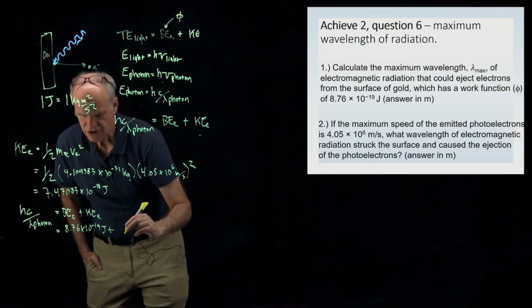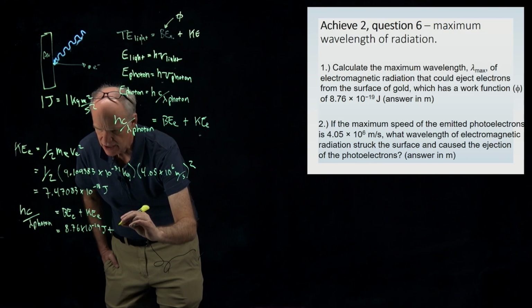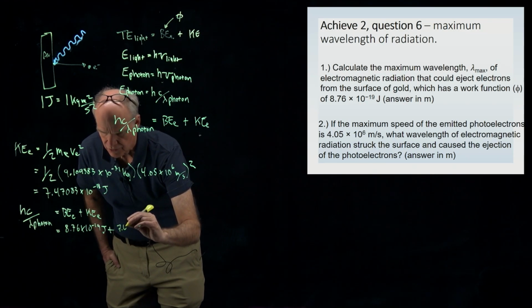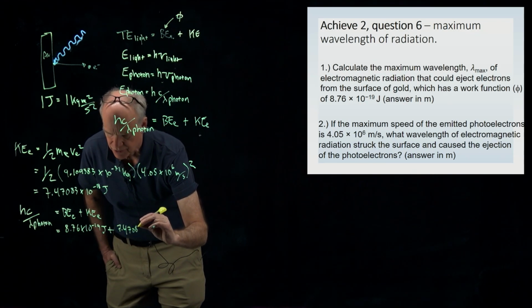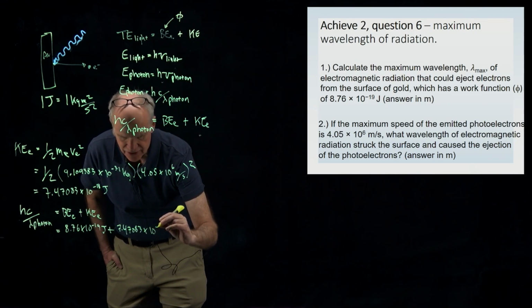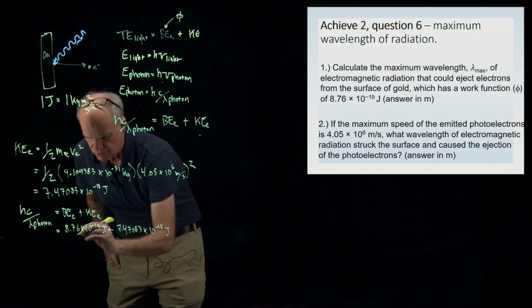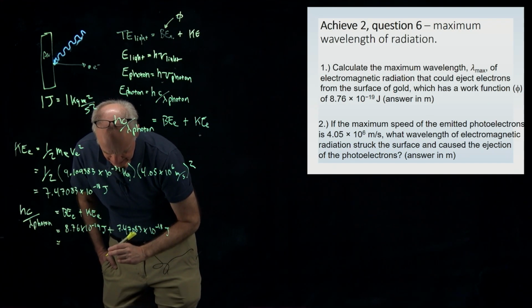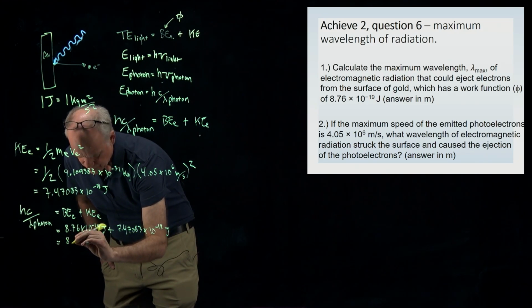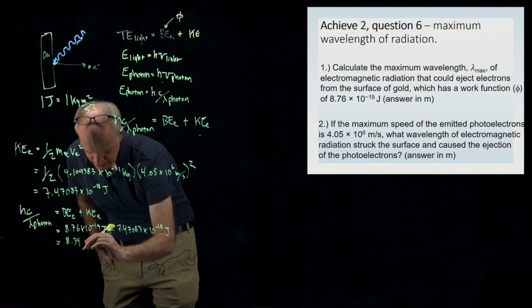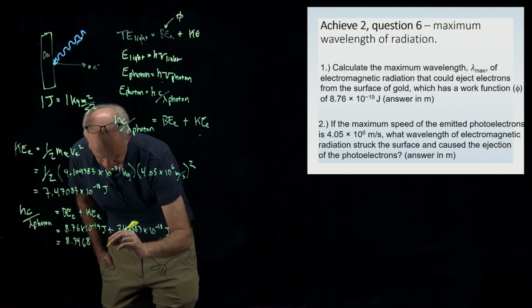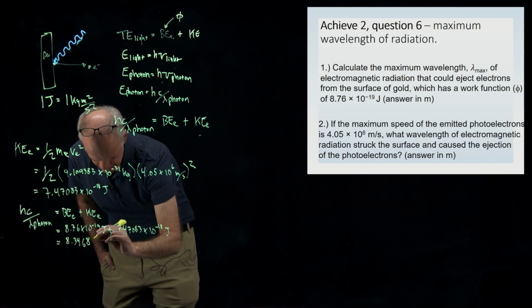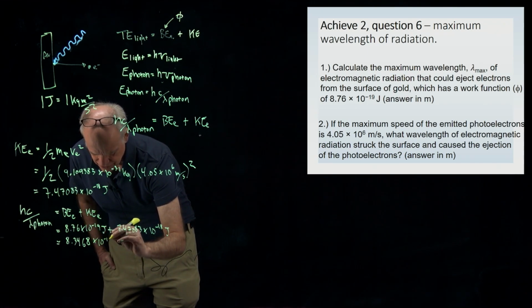The kinetic energy of the electron is that value there, 7.47083 times 10 to the negative 18 joules. When you add these numbers up, what I got was 8.3468, which is probably enough significant figures, times 10 to the negative 19 joules.